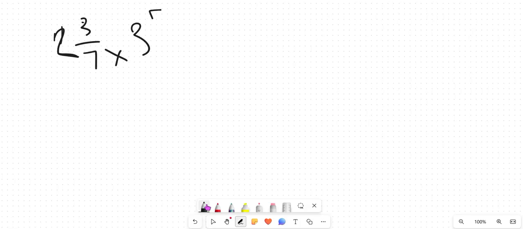For the second problem, I'm going to multiply two mixed numbers. Numerator and denominator can't be 0 or 1. So I'm going to do 2 and 3/7 times 3 and 5/8.